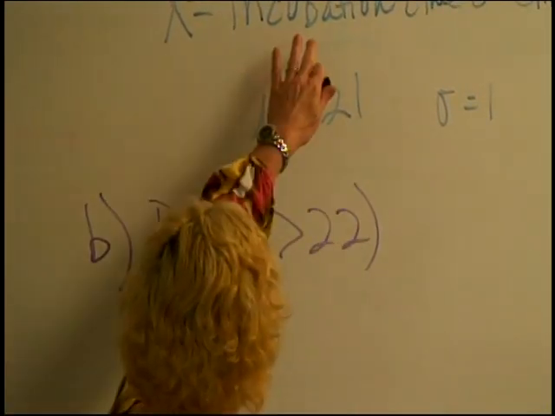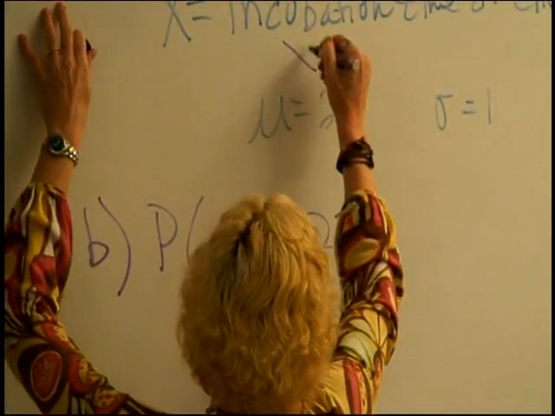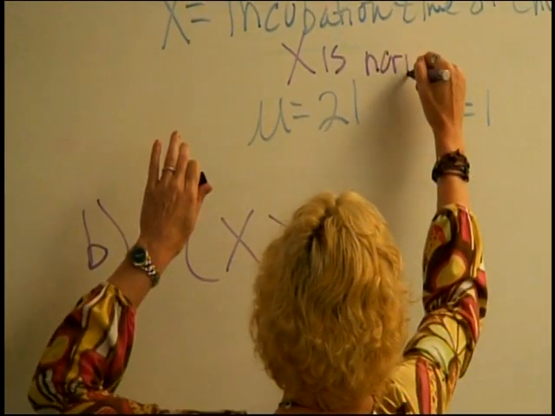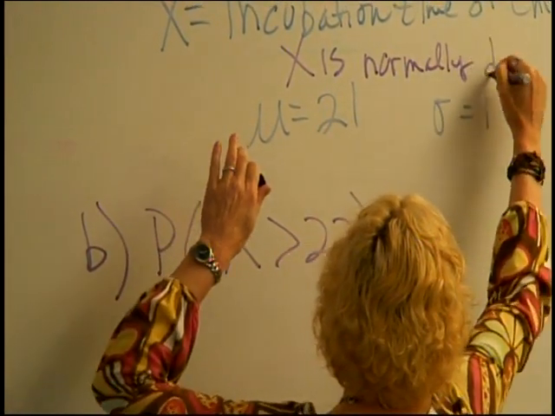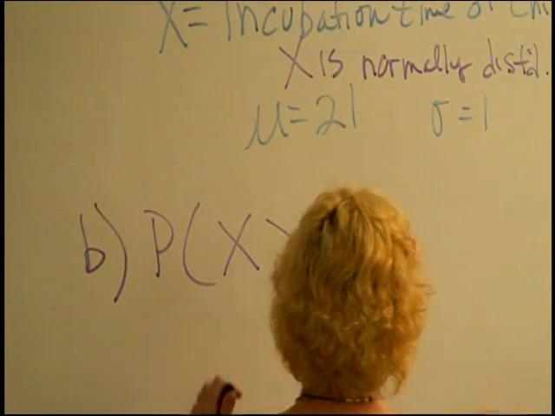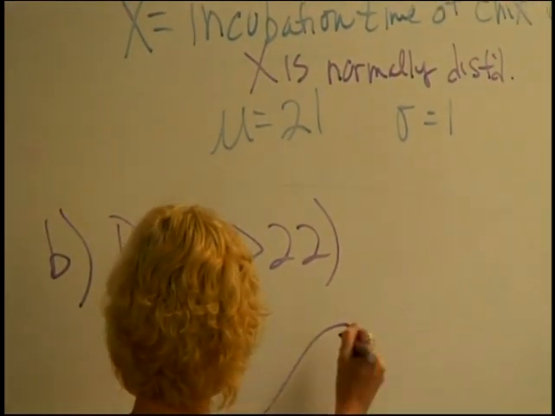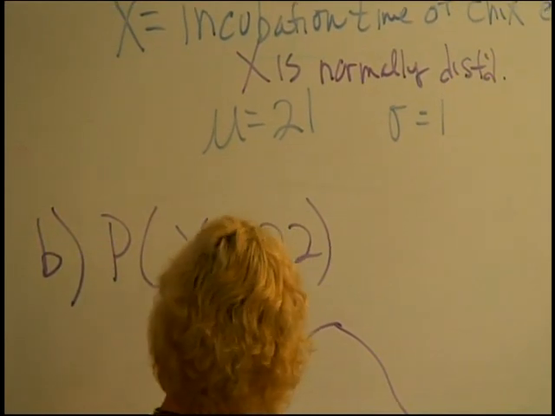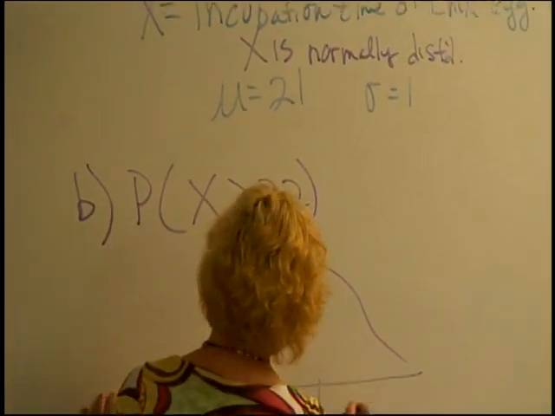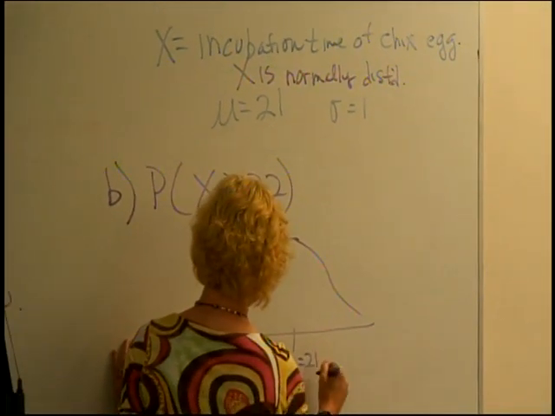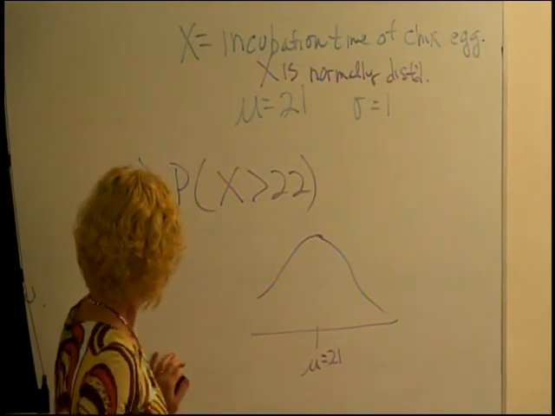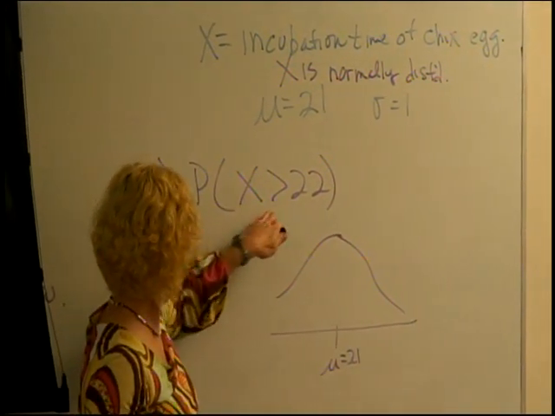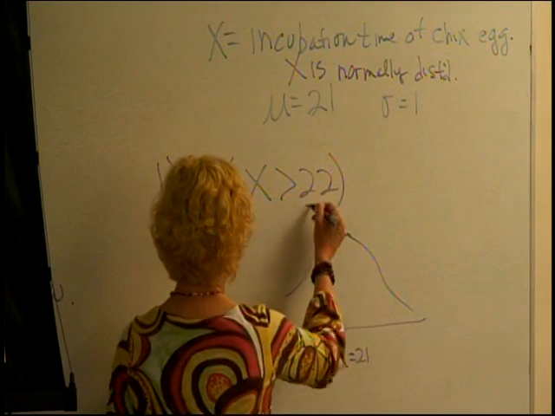So again, X is normally distributed. You might add that in. So when X is normally distributed, you have your normal curve. You set up your mean, 21 days. And your cutoff is the 22 days.